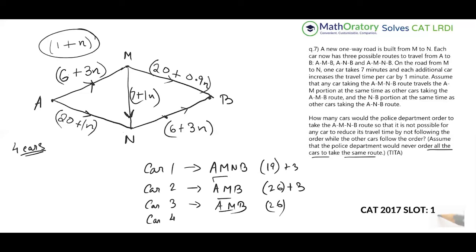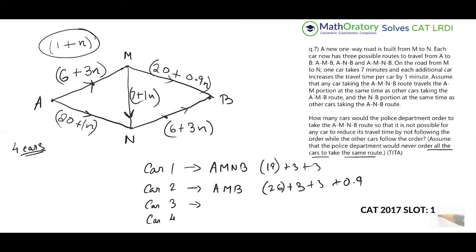The AM is shared across all these 3, so that will increase by 3. So this one has 3, this one has 3, this one has 3. And also the MB route. So on this MB route, there are 2 cars moving, these 2 cars, right? So the MB route will increase 0.9 and 0.9. So there's too much increase. So I should not be considering AMB anyhow.